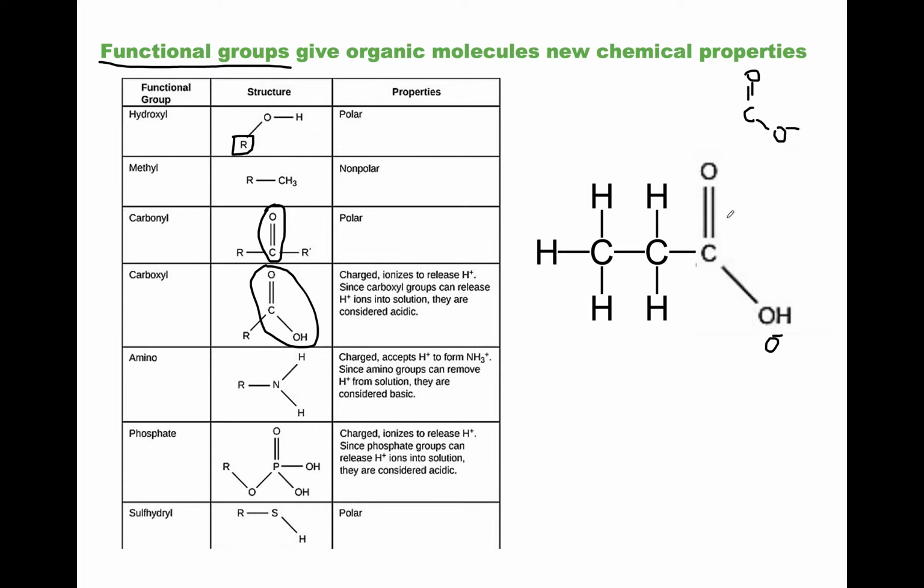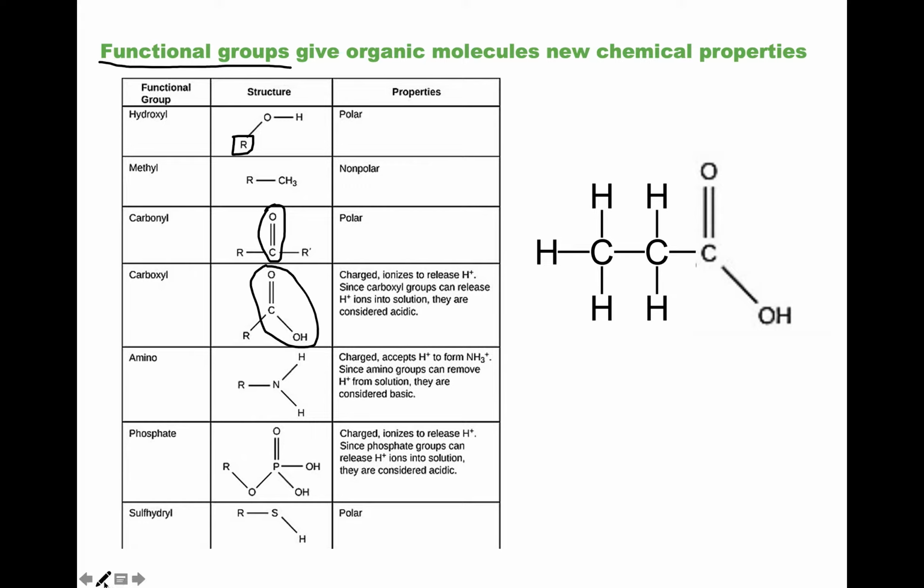So all of a sudden you have a molecule that on one end is not only polar, it's actually charged on one end. And it also makes the solution acidic. Before that, when there was a hydrogen, this molecule wasn't acidic, it wasn't polar, but you replace that hydrogen with this functional group, and all of a sudden you add these properties to this boring old hydrocarbon.